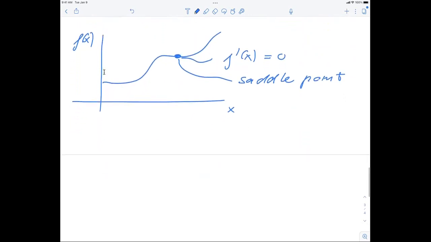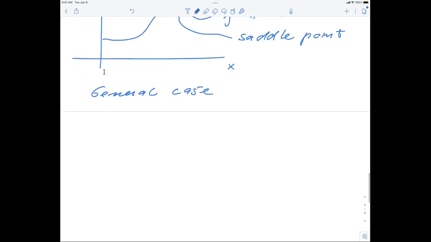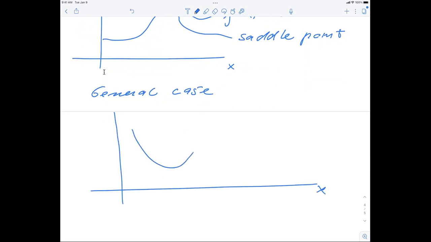Now, the general case which we will encounter, and I'm just making these plots in one dimension because that's the easiest to visualize, but in general, what we have is a multivariable function. We can easily end up in a situation where we have a function which looks like this.